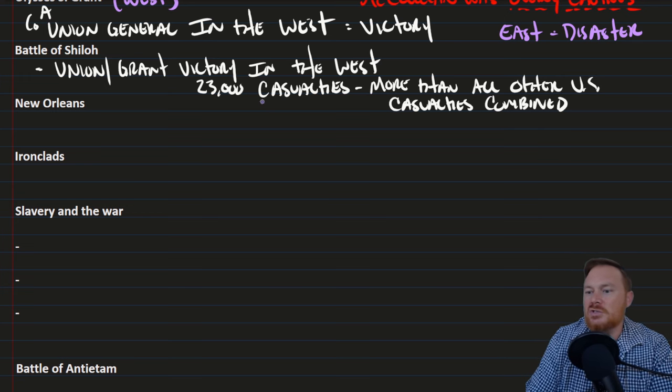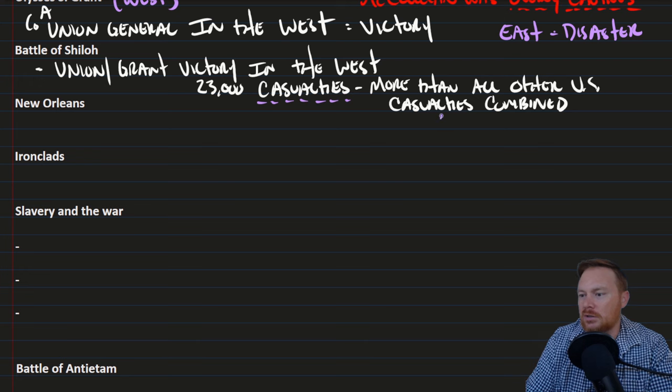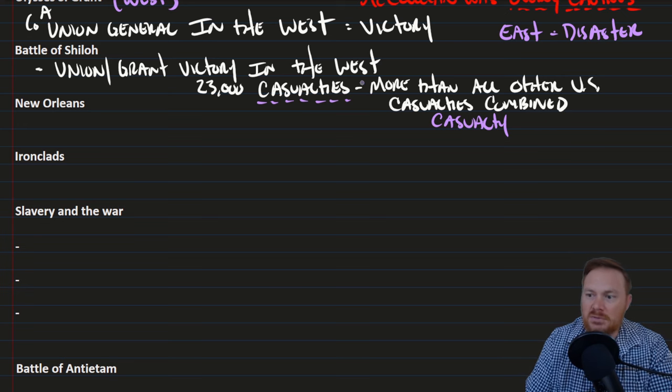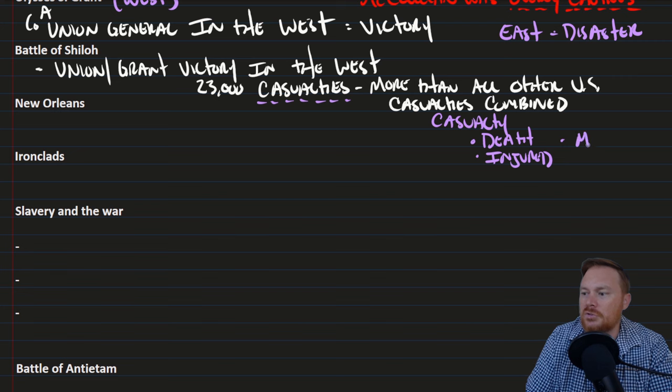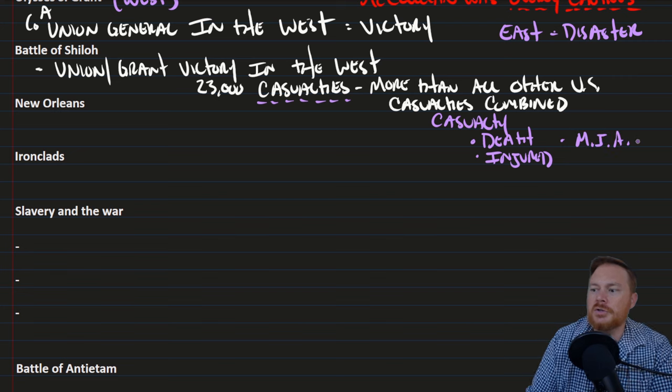Now, the term casualty is a little bit confusing because casualty is not technically a death, but it includes deaths. So when we say casualties, we usually mean soldiers who died, soldiers who are injured, or soldiers that are missing in action, right? Either deserted or left.